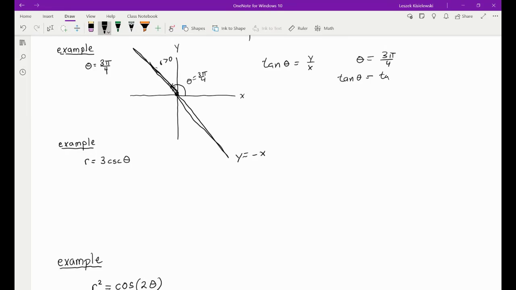So we just take the tangent of both sides. And tangent of theta is y over x. Tangent of 3 pi over 4 is negative 1. So y equals the negative of x. So representing a line through the origin is also simple, because if you take any line through the origin, the theta value is always constant.